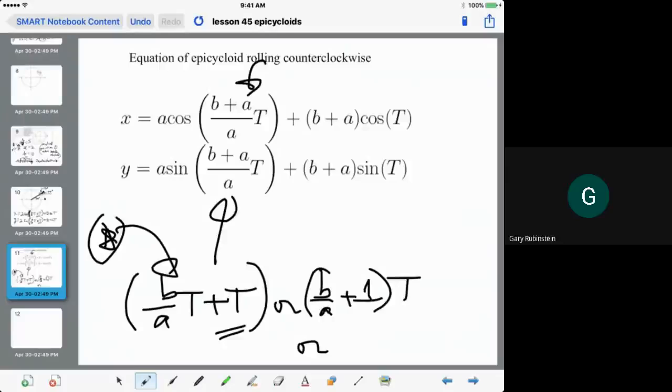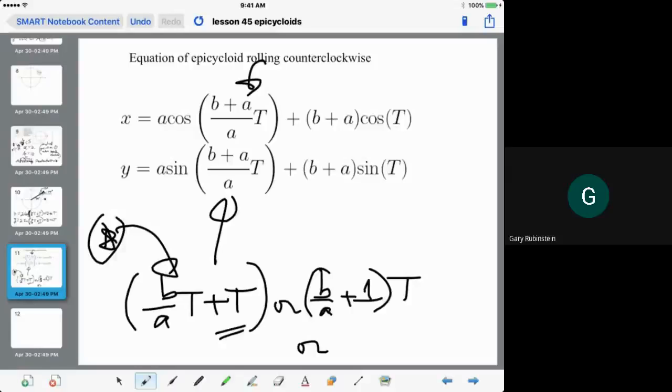You can play around with the Desmos sketch. You can drag the sliders around and see what happens. There are homework questions about this. Tomorrow we will see what happens when the circle is rolling inside the other circle.